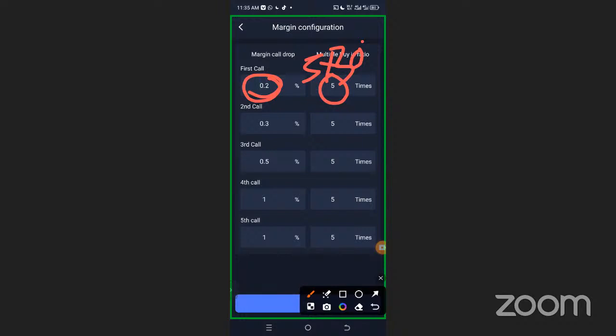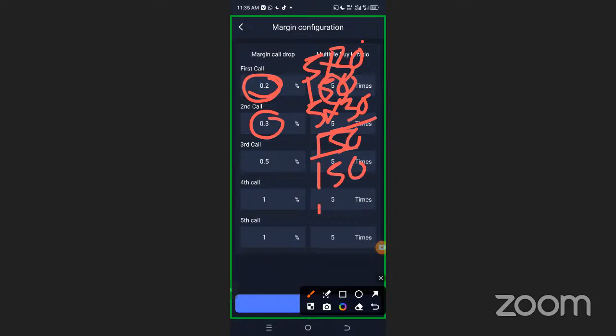And here, if the market drops by 0.3, it is buying 5 times 30 again. It is $150 here and $150 here, then $150 here and $150 here.